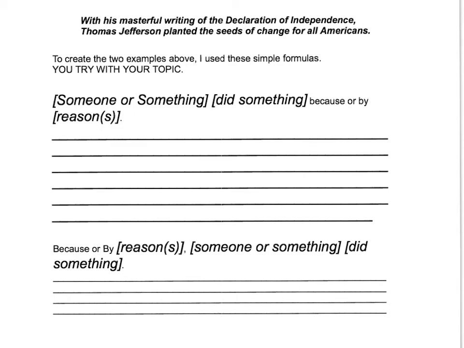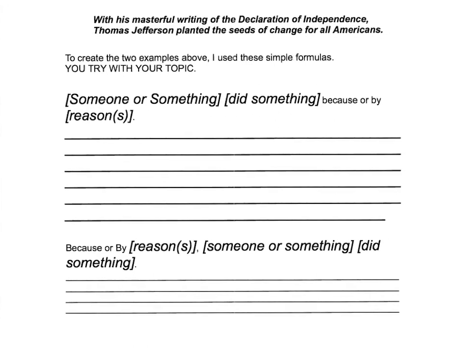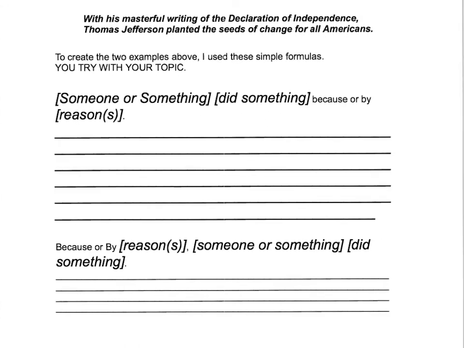So in other words, the reasons. With his masterful writing of the Declaration of Independence, that's how he did something, or by some way. The someone, Thomas Jefferson, did something. Well, he planted the seeds of change for all Americans.